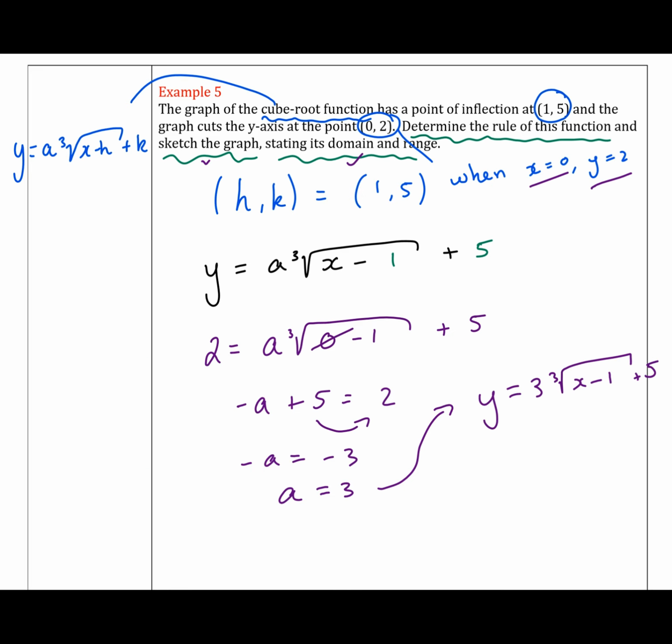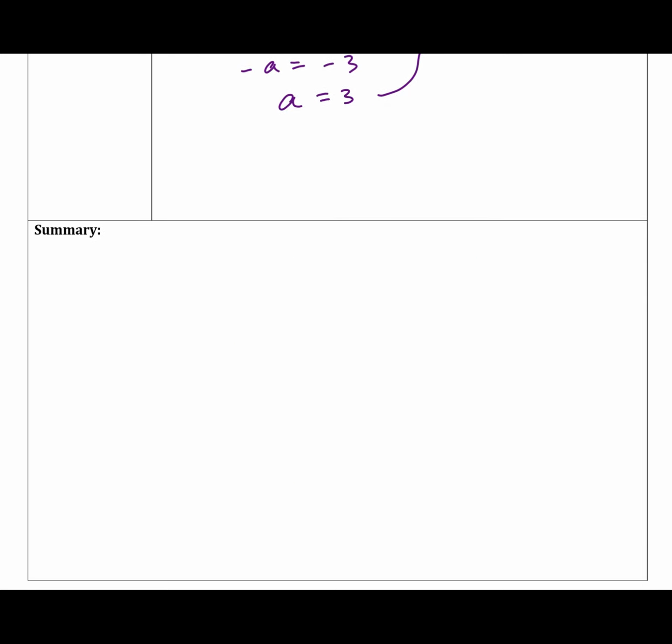So we've looked at a lot this lesson, but most of it is stuff you've seen last year, and it's just going to take a little bit of practice to get it right. We can think of things in terms of our general equations. So y equals a over x minus h plus k, that's my hyperbola.